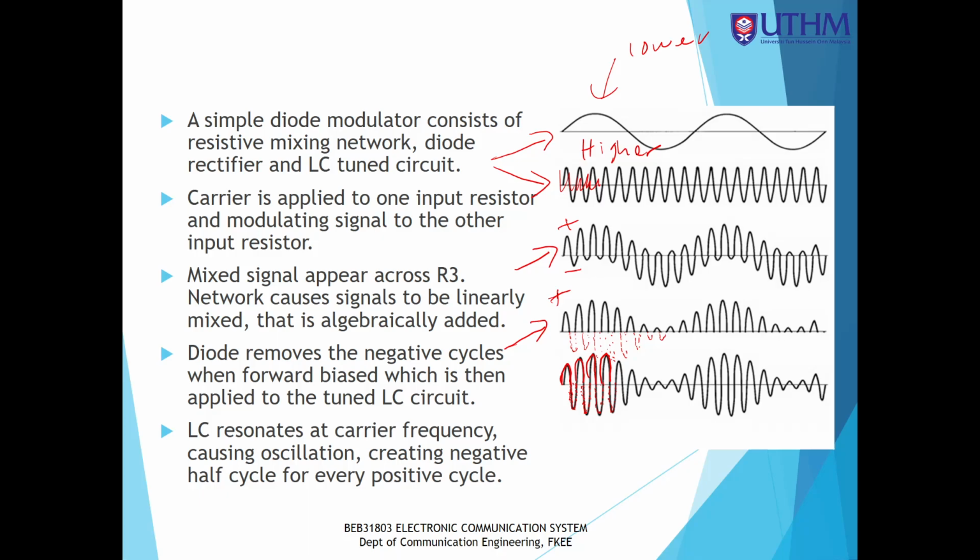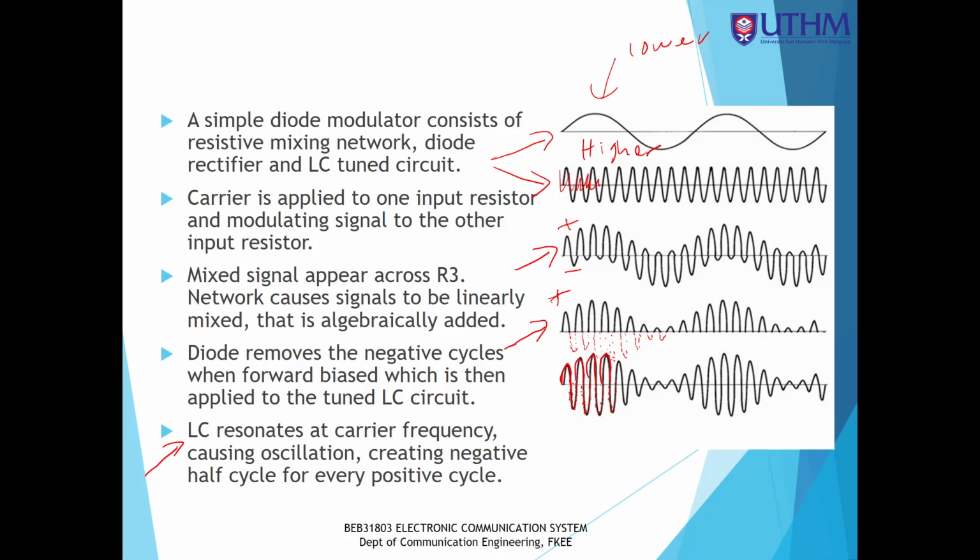output. The LC tank circuit resonates at the carrier frequency, which causes oscillation, creating a negative half cycle for every positive cycle. So it creates a negative cycle only at the frequency of the carrier.